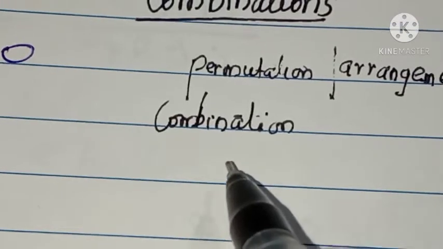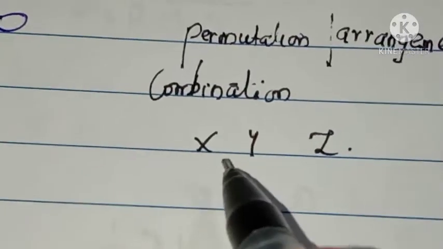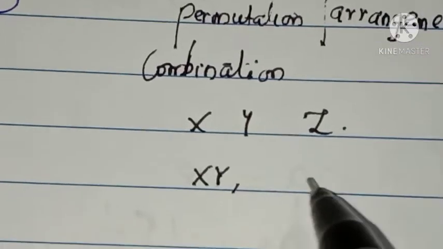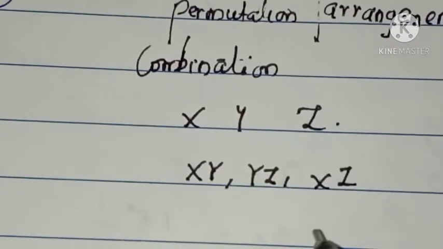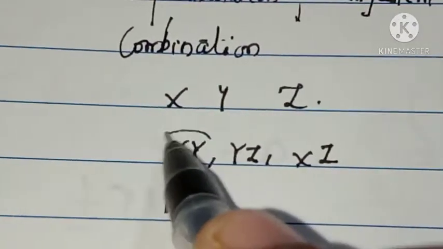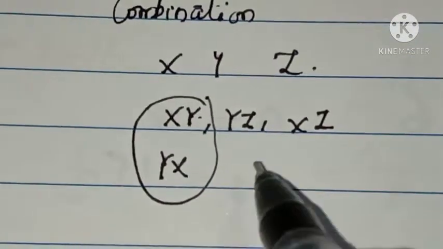For example, suppose we have three persons X, Y, Z, and we need to make a team of two persons. So XY is a team, YZ is a team, and XZ is another team. Listen, XY or YX, is it the same? Yes, the XY team is the same as the YX team.